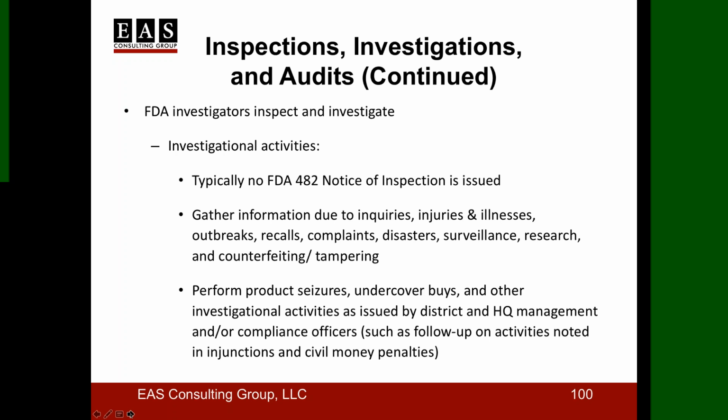Investigation is one that does just what it sounds like. They're figuring out what is the problem here. So they're not going to issue a 482. Usually there are some cases that they do, but usually they don't. So they're going to show their credentials and look at certain areas. So they're going to touch base on recalls, complaints.